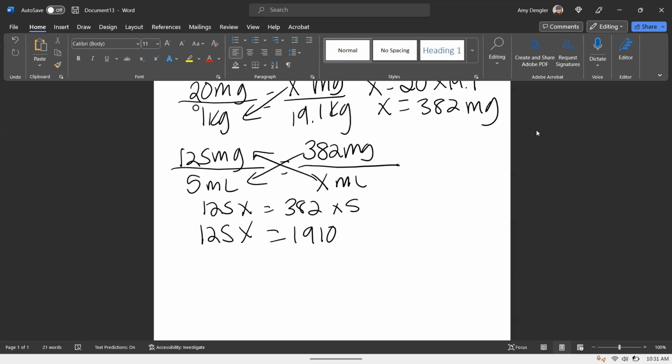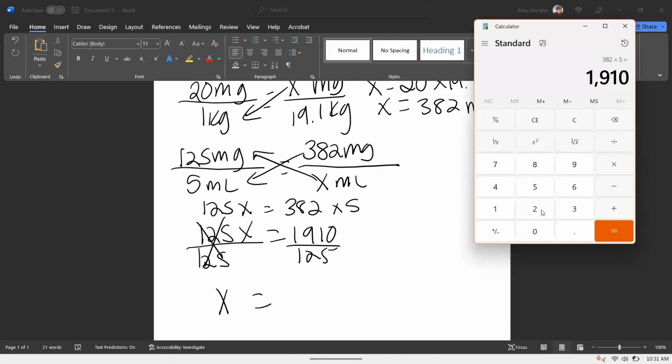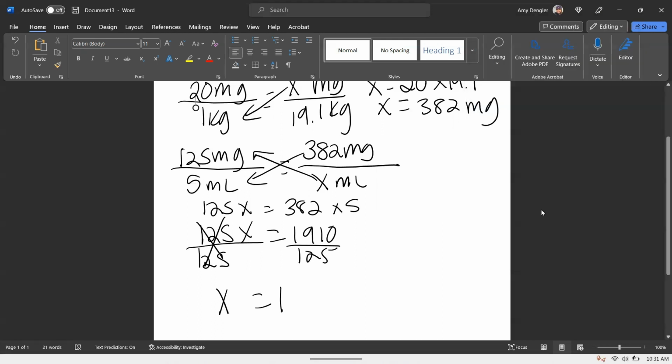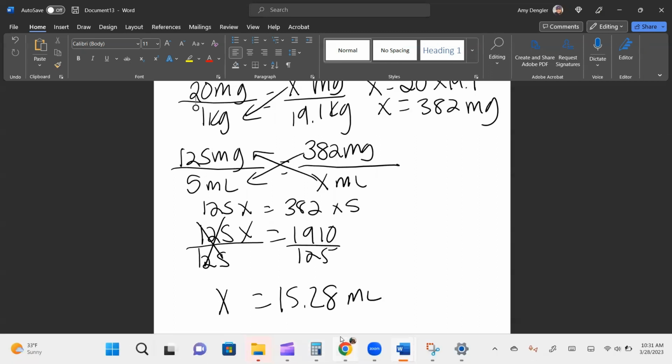We want to get rid of that 125, so we just have x on this side. So we need to divide both sides by 125. That crosses off. We just have x. And 1910 divided by 125 gives us 15.28 ml. Or we can round that up to 15.3.